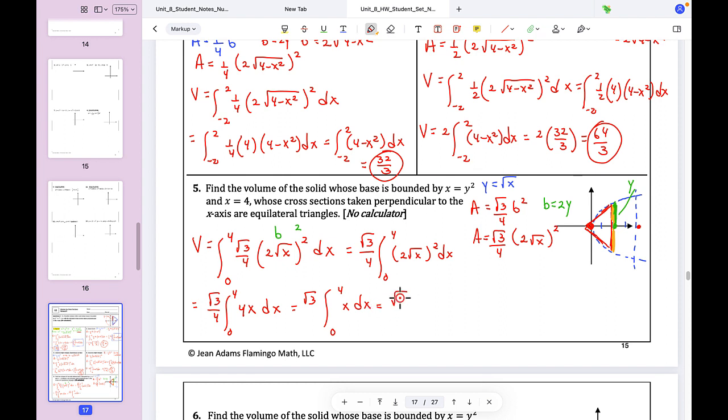Which equals the square root of 3 times x squared over 2. Evaluate it from 0 to 4, which gives me square root of 3 times 16 over 2, which is 8 square root of 3.